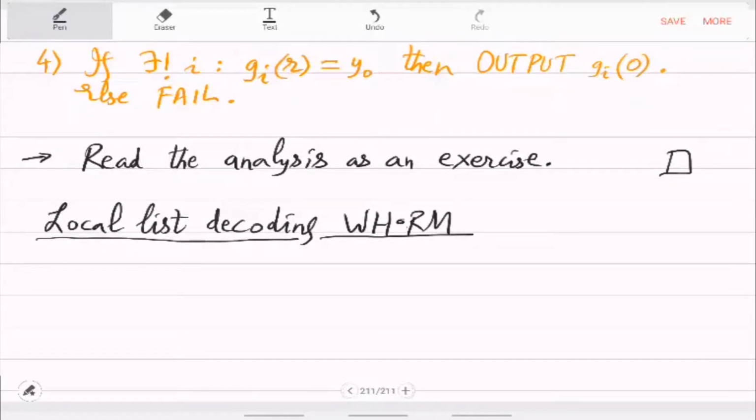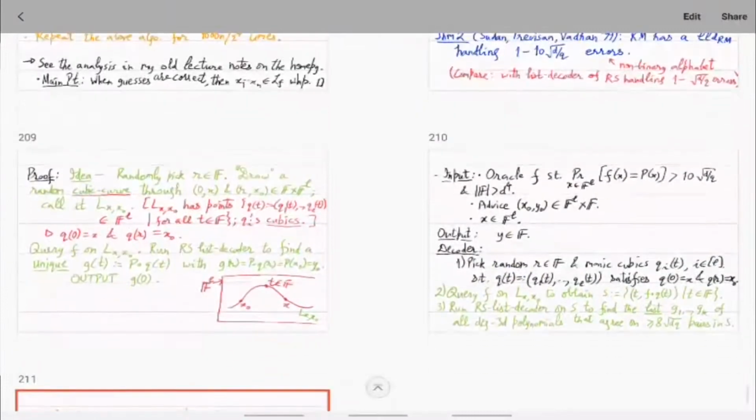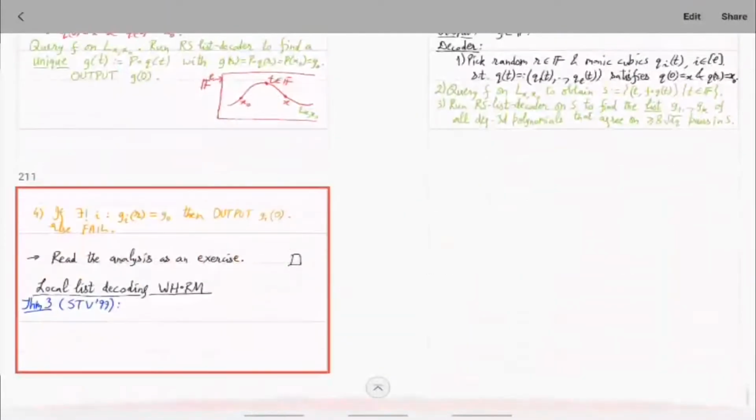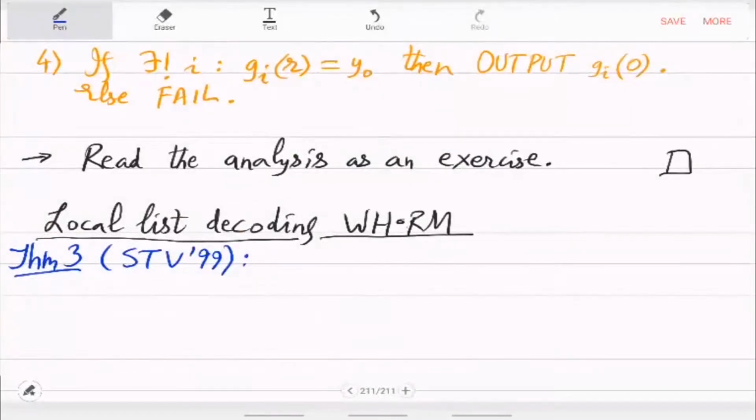So again, it's a theorem by Sudan, Trevisan and Vadhan, as before, same paper, which says that in general, instead of Reed-Muller, think of code E1.